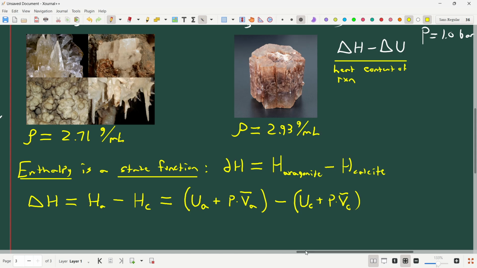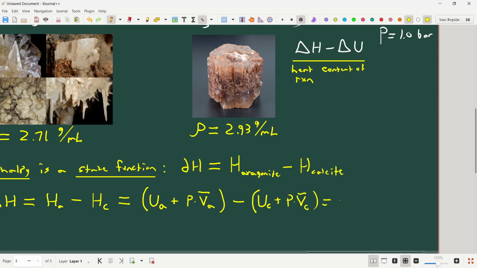Okay, and I'm just going to combine like terms, right? This is UA minus UC plus PVA minus PVC.